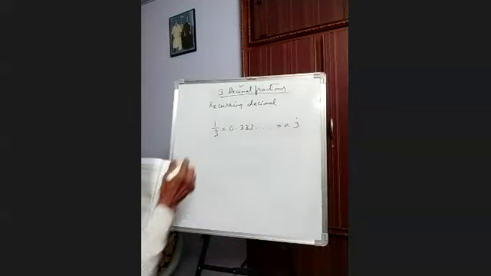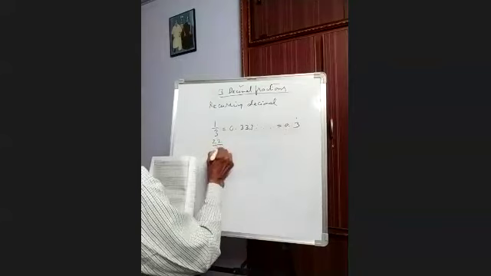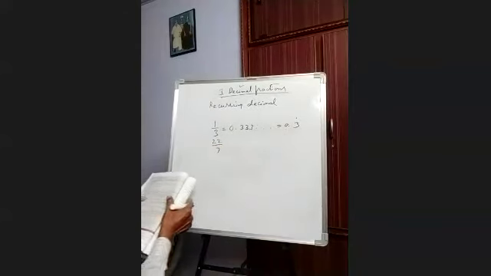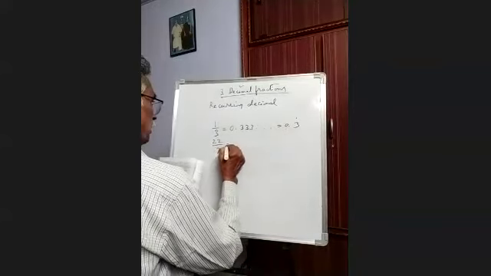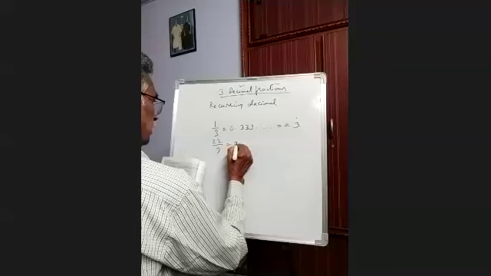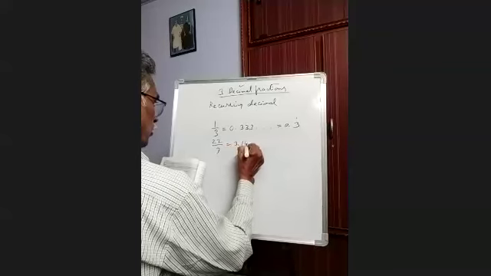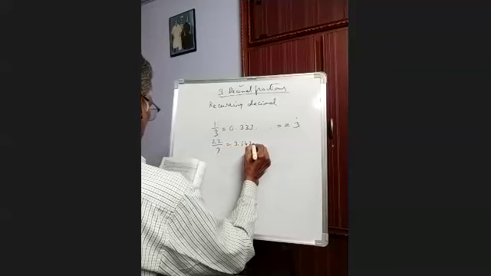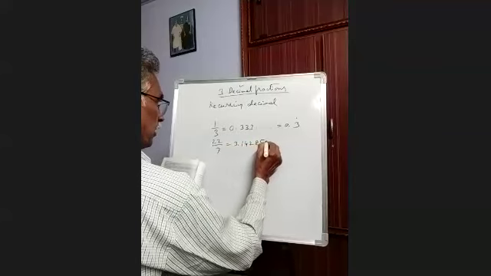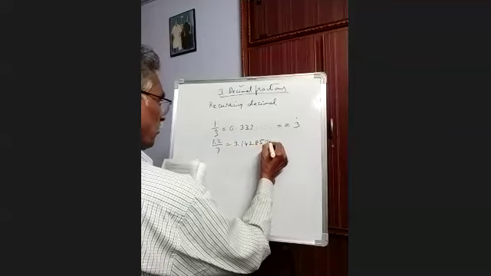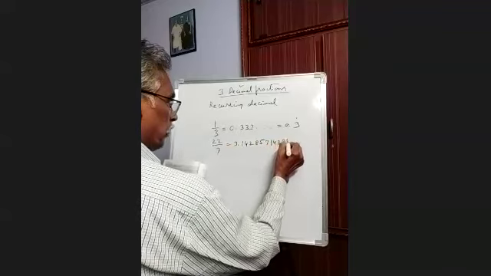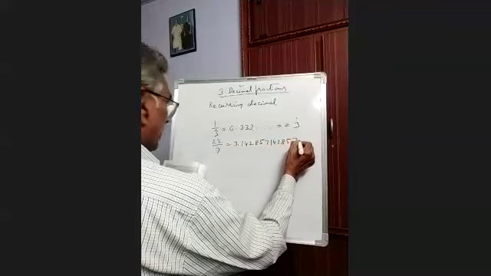Other examples: 22/7 will be 3.142857, 142857, and so on.